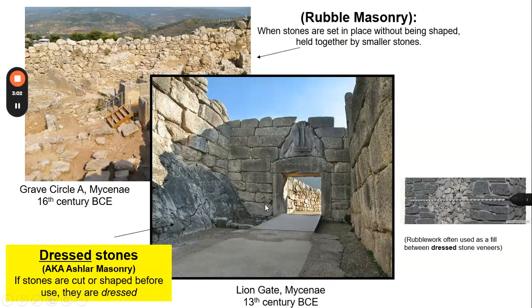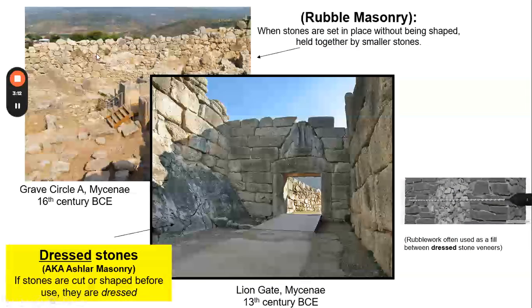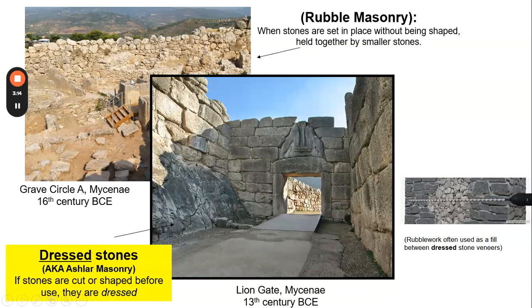This is whenever you use natural stones, but they have been cut or shaped before they have been stacked together. So it's not just rubble and boulders held in place with smaller, but actual dressed stones.